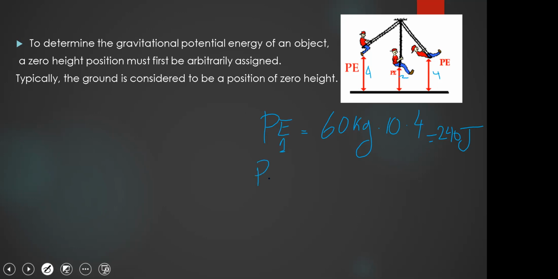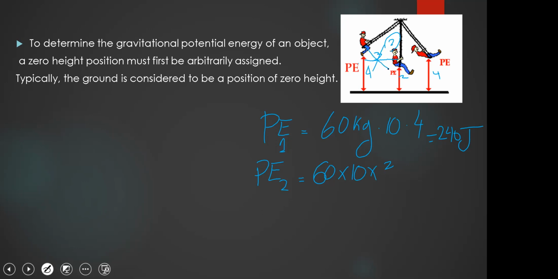And the potential energy at position 2 here is his mass times g, which is 10, times the height, which is 2. If they give me the distance between the first position and the second position as 3, as an example, it doesn't matter. I don't want it.